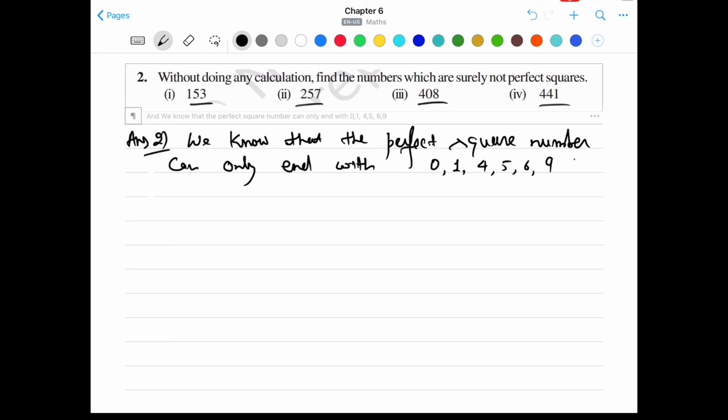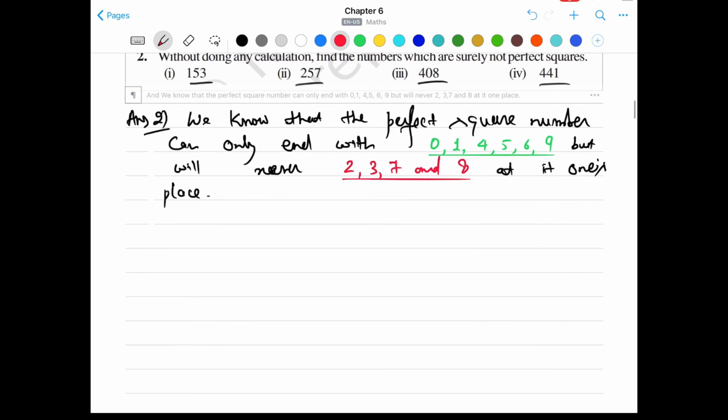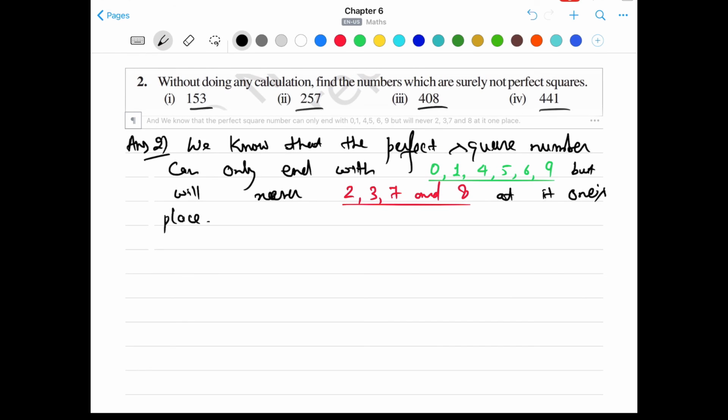But we'll never have 2, 3, 7 and 8 at its ones place. So if you find one of the first group, that number may be a square number, or if you find one of these four numbers, that number will certainly not be a perfect square number. Now let's see the numbers which are given to us.